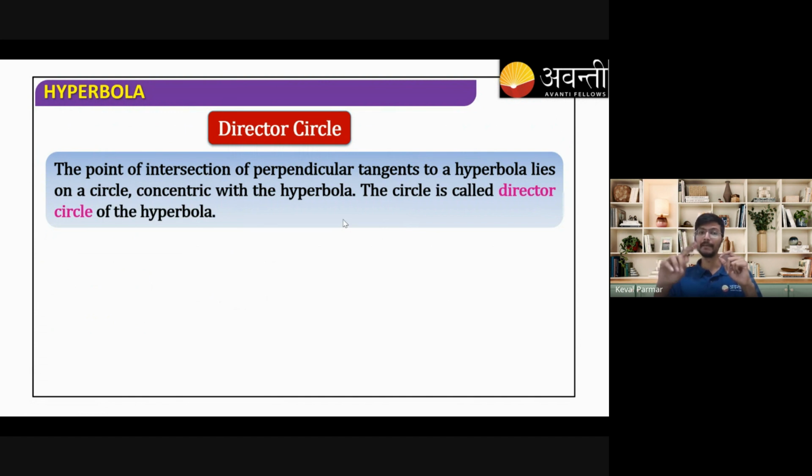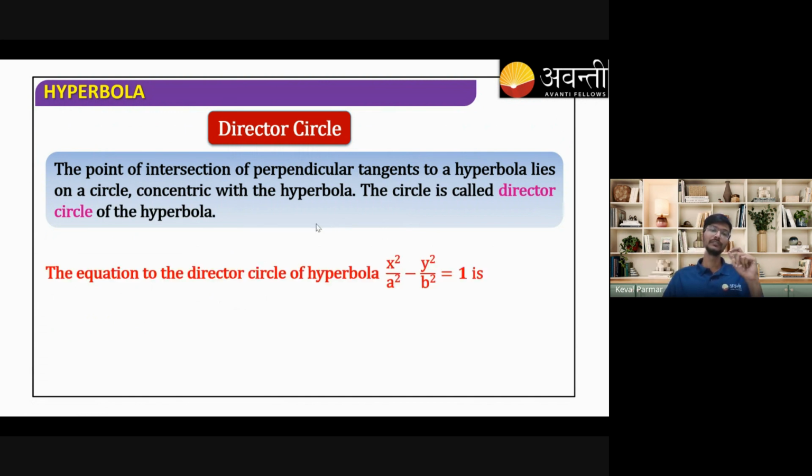If we use that, we can easily get the equation of the director circle, which will come to x square plus y square equals a square minus b square. This is the equation of the director circle. I hope you remember it.